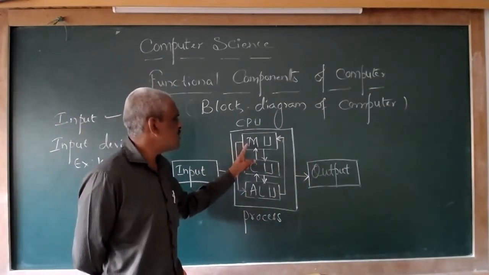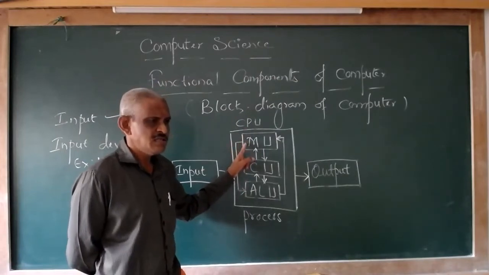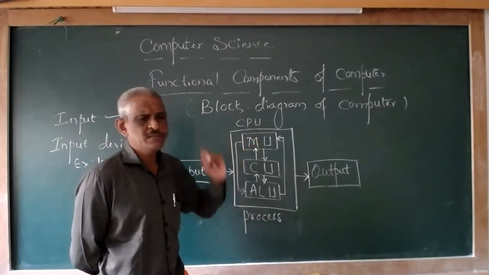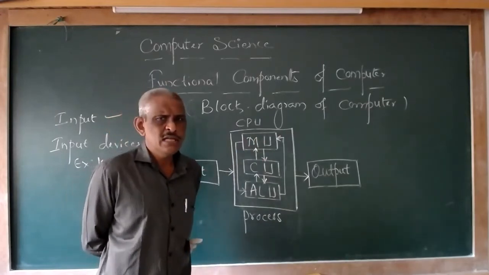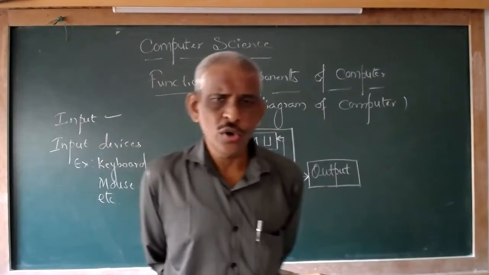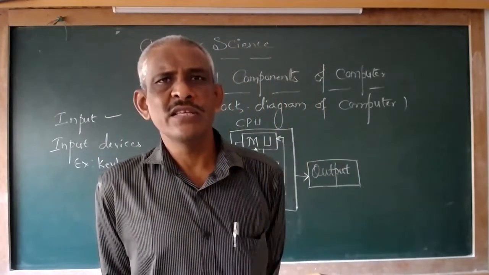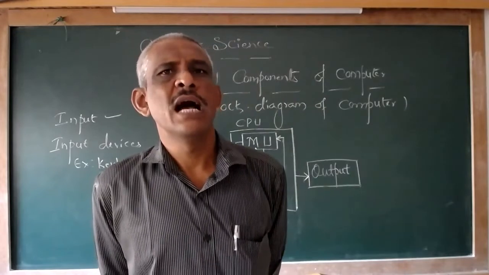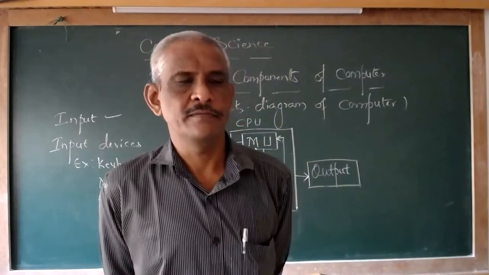What is the use of memory unit here? What is the function? What does the memory unit do? MU stands for memory unit. The memory unit is used to store our data or instructions either temporarily or permanently.